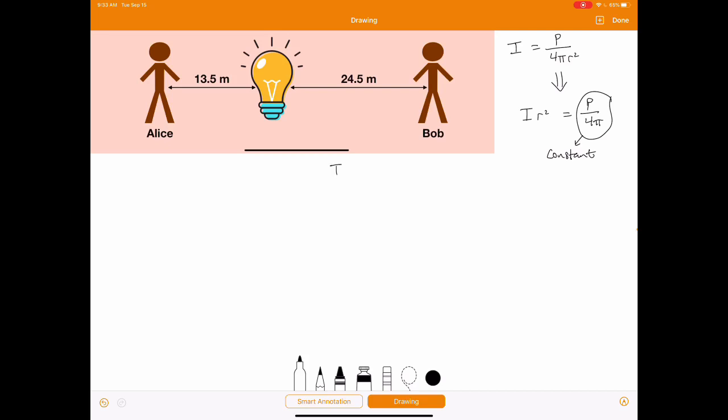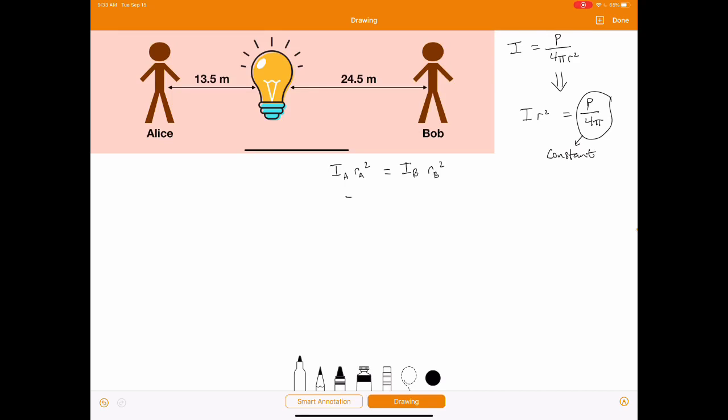So what we can then say is I_A, the intensity of the light that Alice receives, times r_A squared, that's the distance for Alice, is equal to I_B, that's the intensity of the light that Bob receives, times Bob's distance away from the source. So that would be r_B squared.